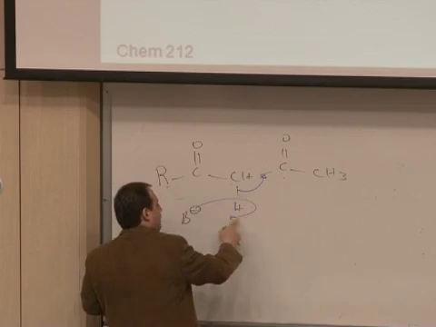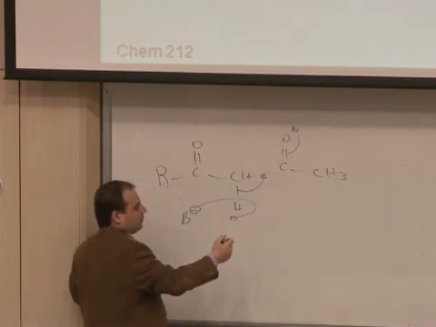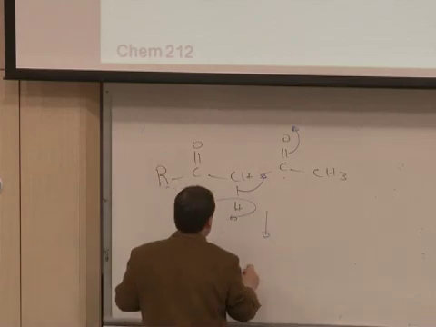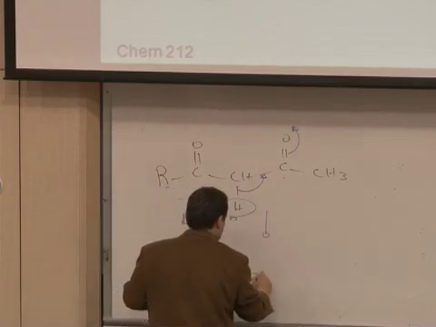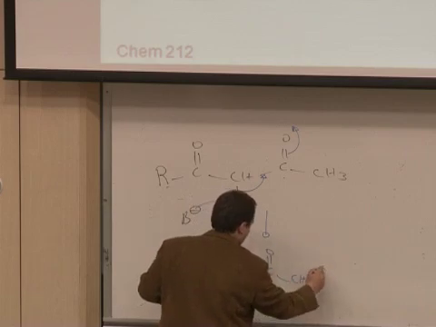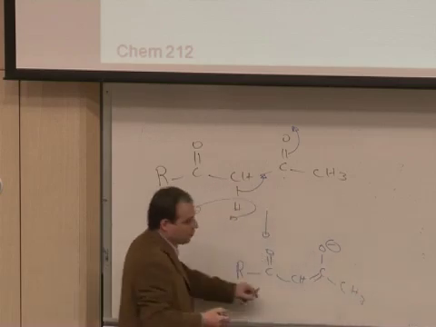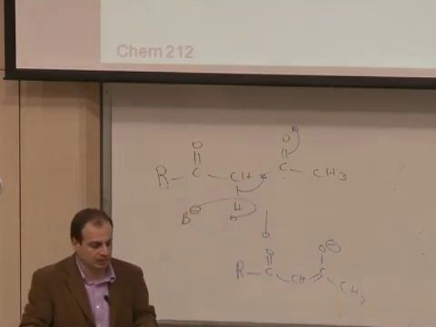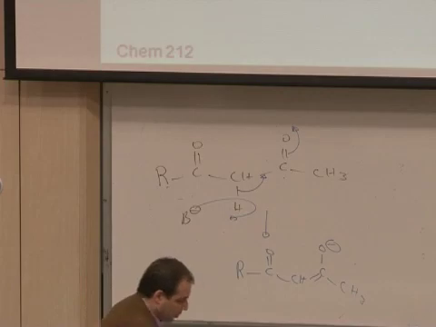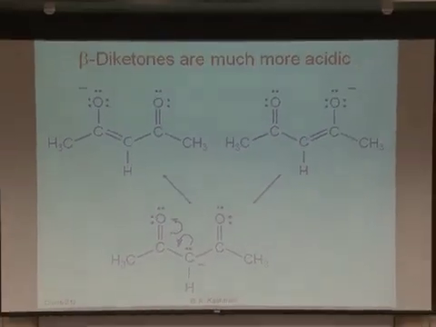The base is going to pick up the alpha hydrogen, and you will form the enolate, and I am drawing the more stable enolate. It is more stable because of resonance. You will be able to generate two equivalent resonance structures, which are shown on the slide.